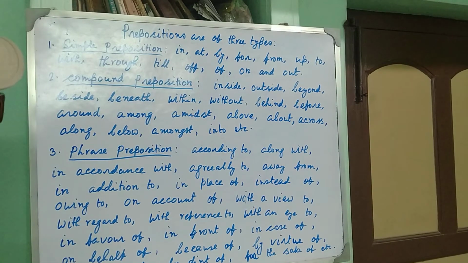Prepositions are of three types. First is simple preposition, সাধারণ preposition. সাধারণ পদান্বয়ী অব্যয়, সাধারণত যেগুলি আমরা বাক্যে ব্যবহার করে থাকি. The prepositions which we use generally in our sentences. For the beginners also.